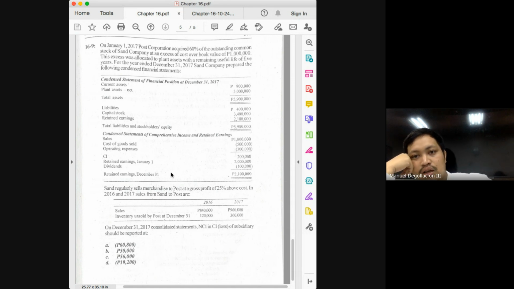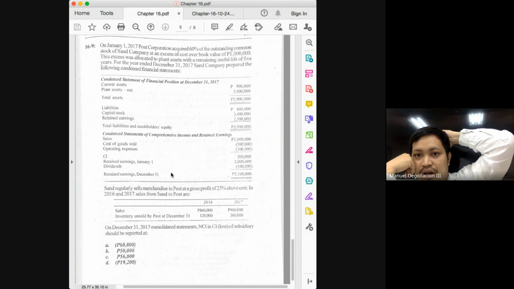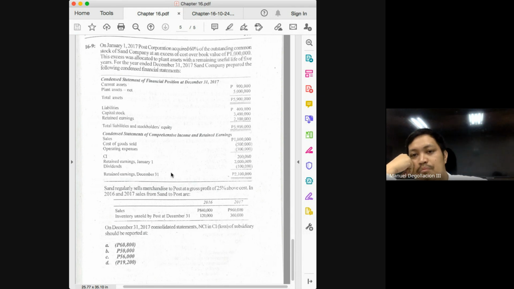This excess was allocated to plant assets with a remaining useful life of 5 years. So meaning there's no goodwill here because all the excess is attributable to a specific asset class. Although we have already explained the reason behind this one, the easiest way to solve for the amortization of the excess, which will be our adjustment, class, is just to get the straight line amortization.